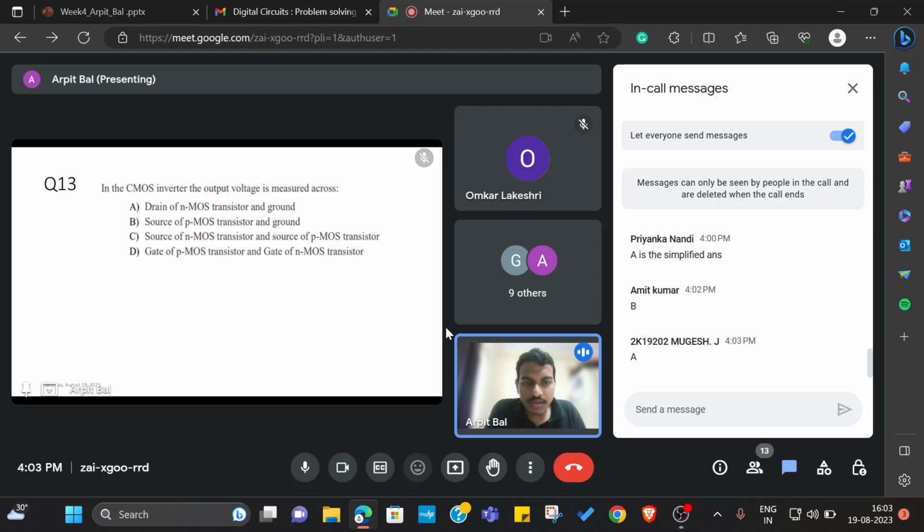We have another answer: drain of NMOS transistor and ground. Any other answer? Let me draw the CMOS inverter.